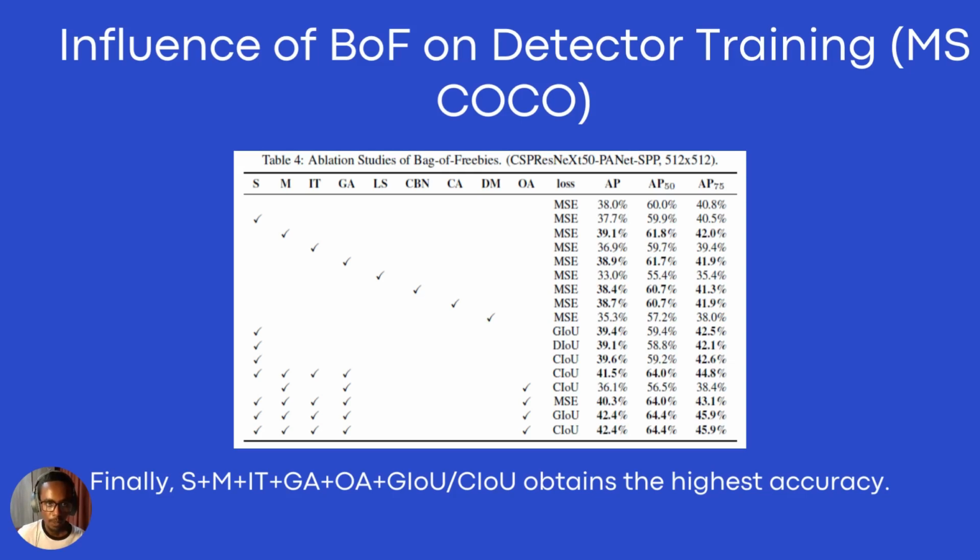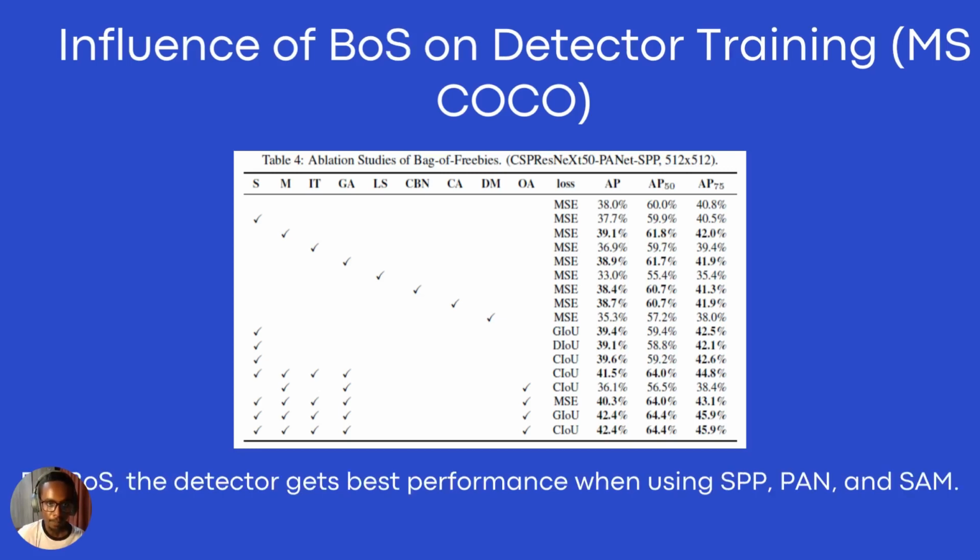And when we see the influence of the Bag of Freebies on the detector training using the MS COCO dataset, the previous one was for classification, and now we're training the detector and implementing the Bag of Freebies we have discussed. Finally, when we introduce SIoU, GA, and CIOU, which we have seen previously, it obtains the highest accuracy for the detector training.